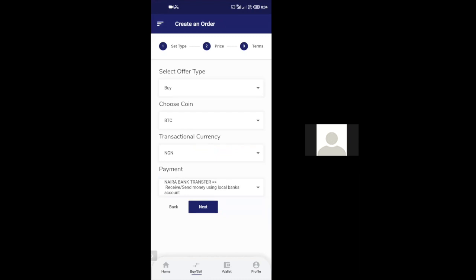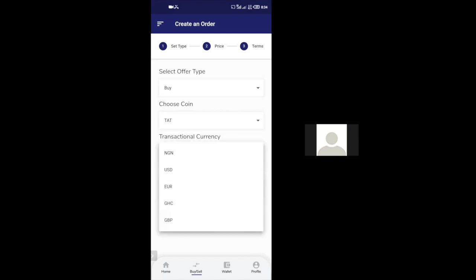I do not need to do too much. I choose the particular coin that I intend on buying. Let's also use that coin as a case study. And if you are buying, you must have a transactional currency. That is the currency at which you are paying the individual you are buying from.